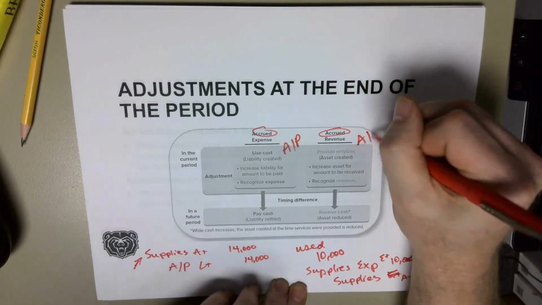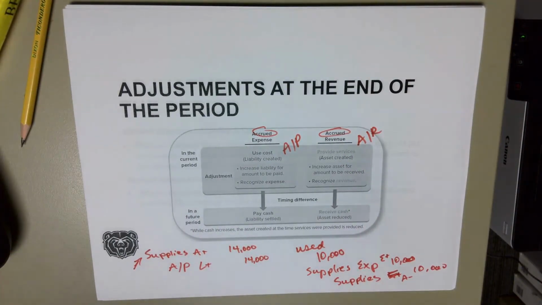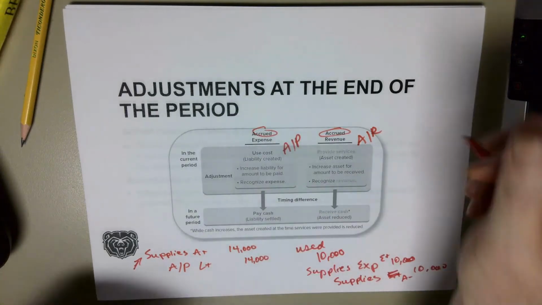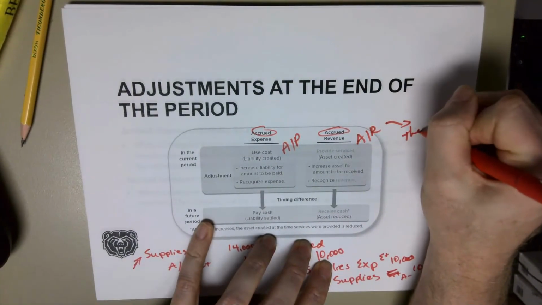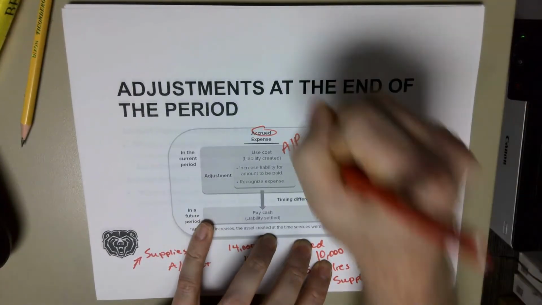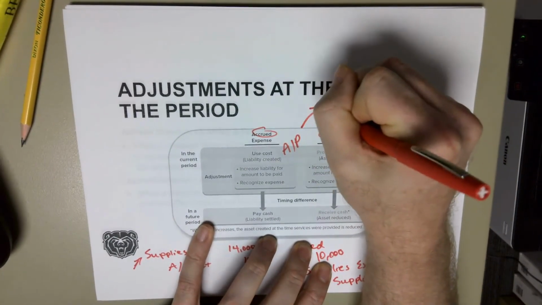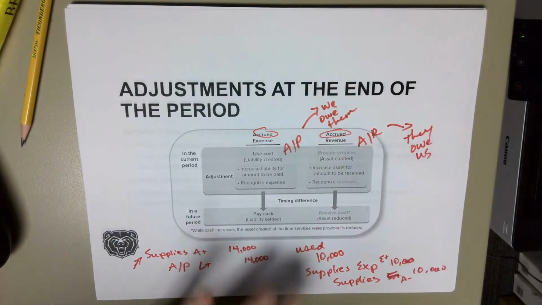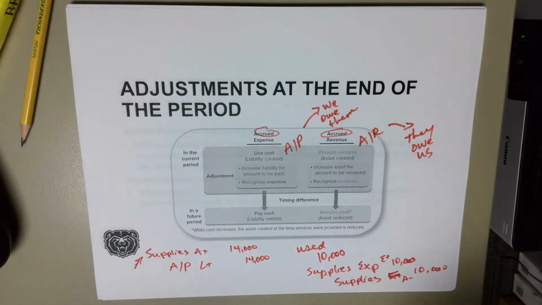Accrued revenues, these are your AR, your accounts receivable. Okay, this is when customers promise you that they're going to pay you money, so they owe us, right? AP is we owe them. Okay, so this AR is telling us they owe us. We have performed a service, we have provided a good for them, and they haven't paid us yet. Okay, we're going to create that accounts receivable account to remind us that they owe us some money, and as they pay us money, we are going to reduce the amount in that receivable account.